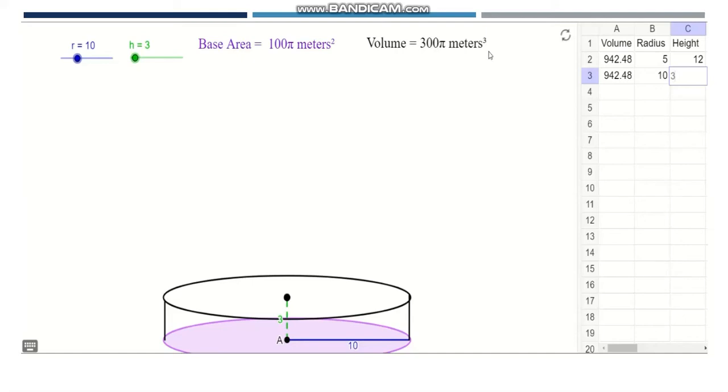The question asks us whether these tanks have enough capacity or not.